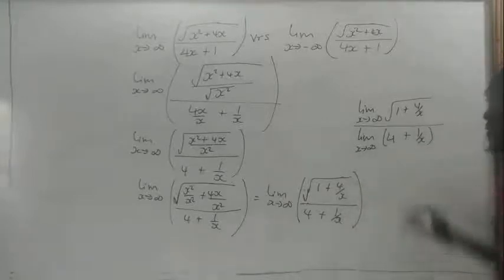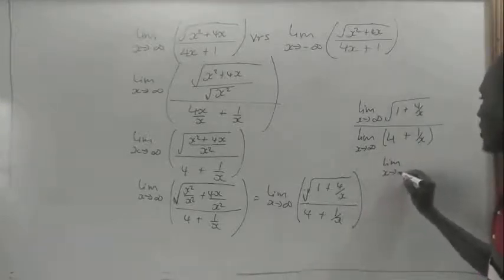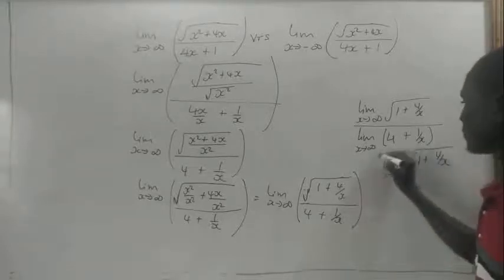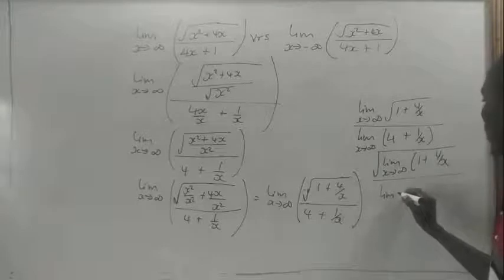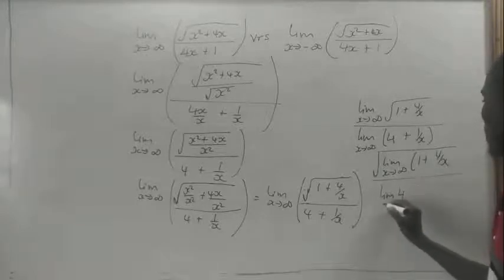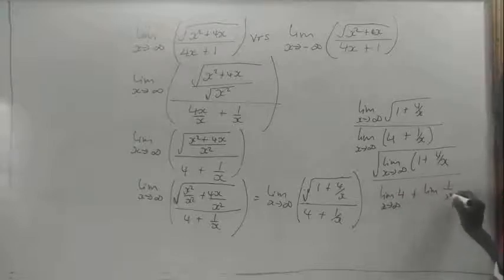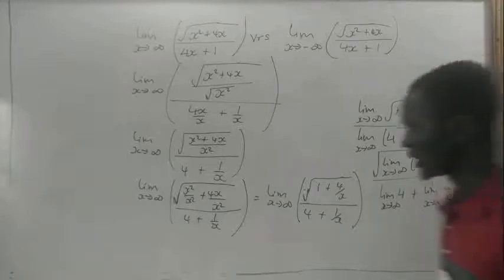Very simple as that. And the top one will give us the limit as x approaches infinity of 1 plus 4 on x under the square root, divided by the limit of 4 as x approaches infinity plus the limit of 1 on x as x approaches infinity. Now, here too, this will go inside. So what are we going to get?